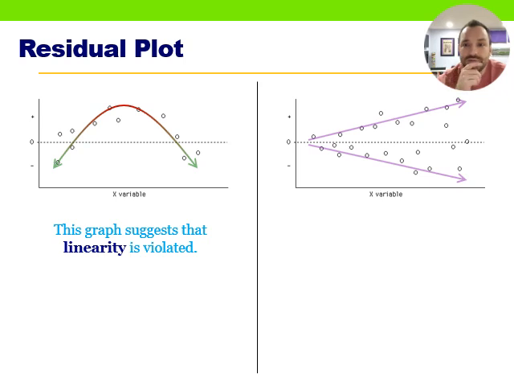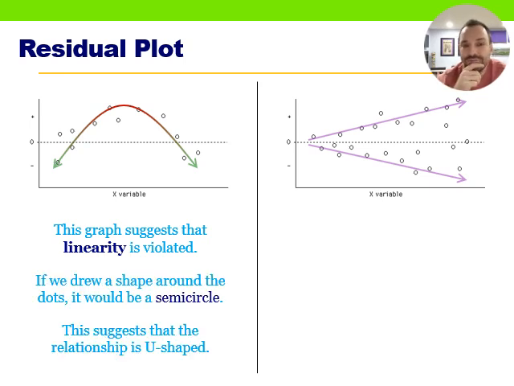When that happens, the graph is telling us that the assumption of linearity is probably violated. Again, it's not the most scientific way to do it, but if we were to draw a shape around these dots, it would look like a semicircle. As we'll see in a little while, when this happens, it suggests that the relationship is actually U-shaped rather than linear.